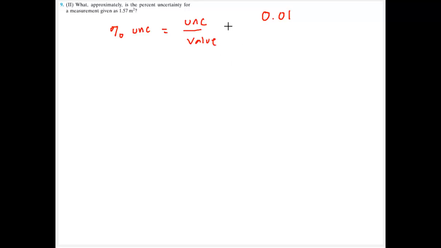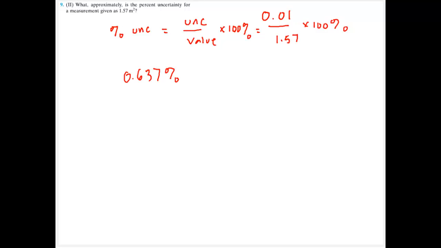The value, I forgot my multiply by 100. So 0.01 is going to be the uncertainty. The value is 1.57. Multiply that by 100%, and at the end of the day I'm going to come up with 0.637%.